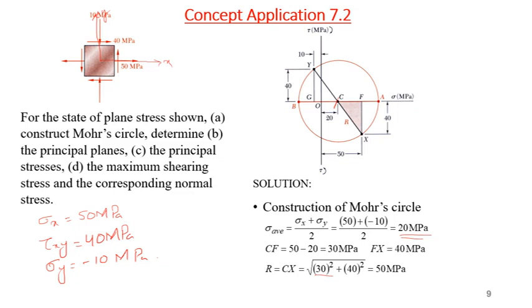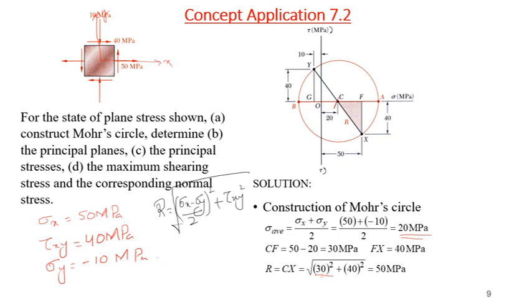So the radius will be the square root of sigma x minus sigma y divided by 2, squared, plus tau xy squared.